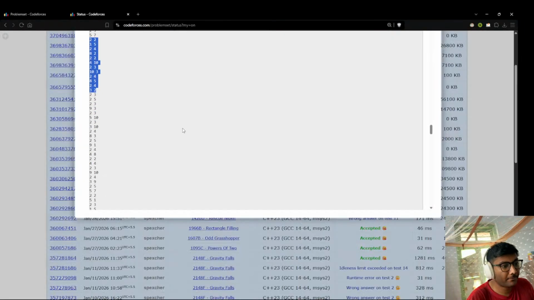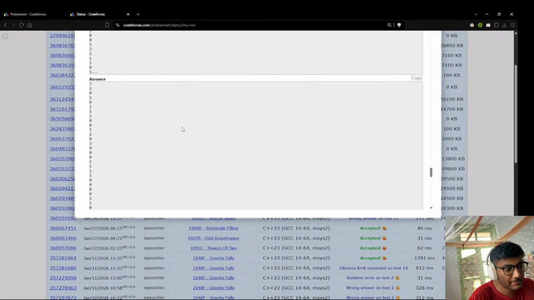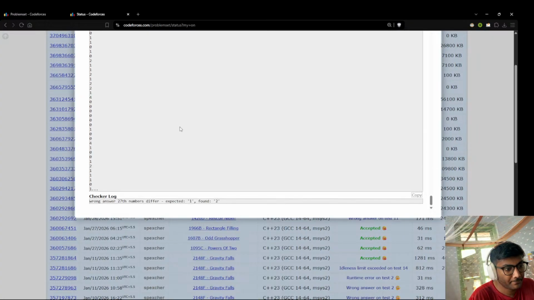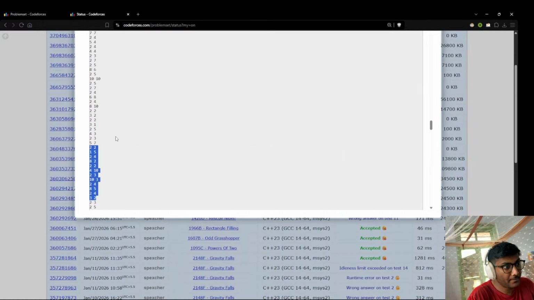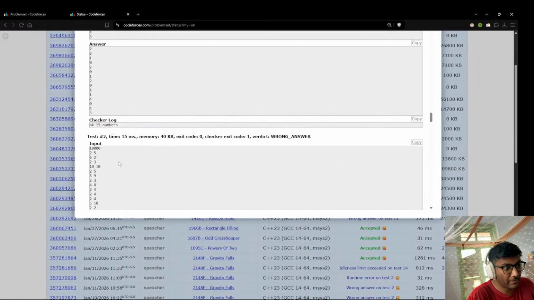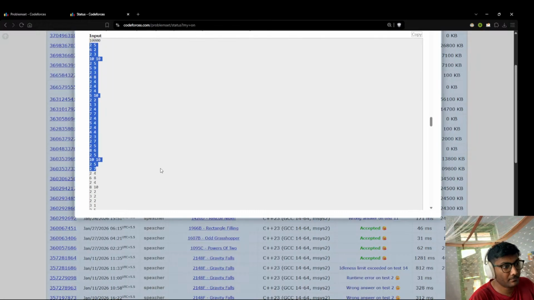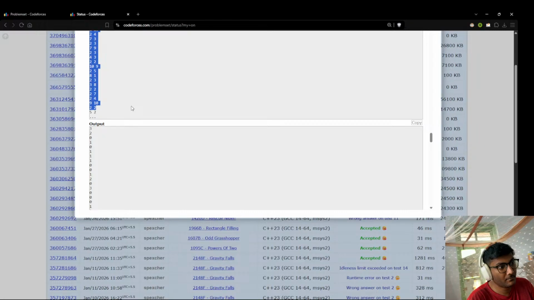Any expectation? Expected 1, found at the 27th numbers. So let's take up to 27 only. 2, 4.